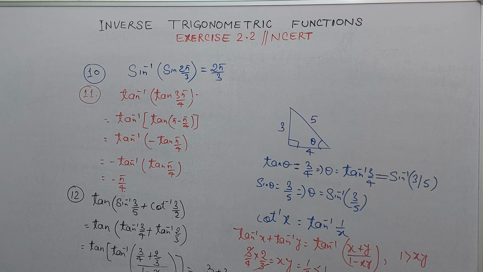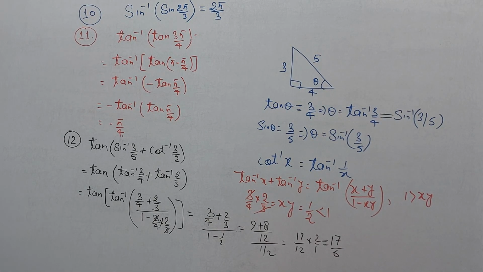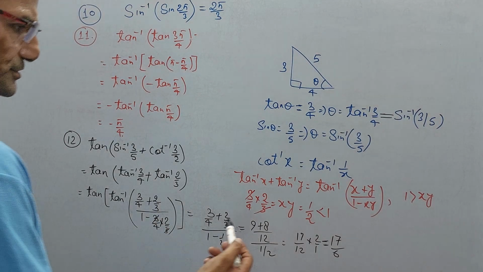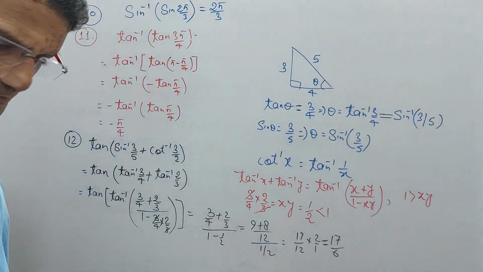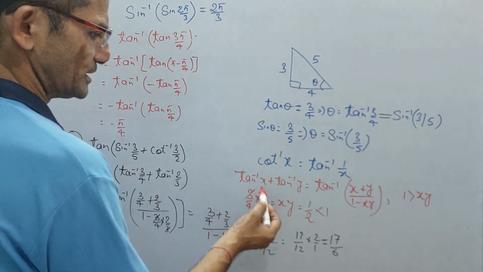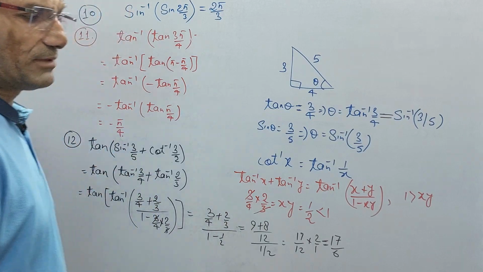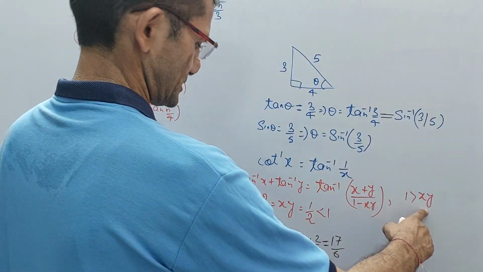Now in these questions, I have used this formula, again explaining it: tan inverse x plus tan inverse y is tan inverse of this. It will be valid only when 1 is greater than xy.